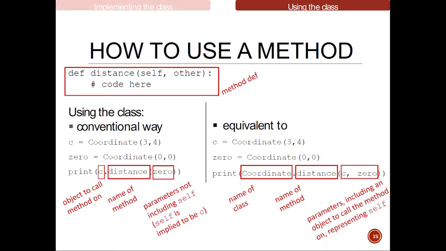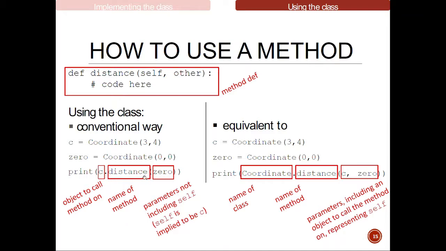Now, to use a method, we can use it as part of the class, which is the conventional way. So for example, here if we define the instance variable c as coordinate 3, 4, and then 0 to be the coordinate 0, 0, we can print out the distance method that we're calling from 0. So this is the object to call the method on, that we're applying the method on.